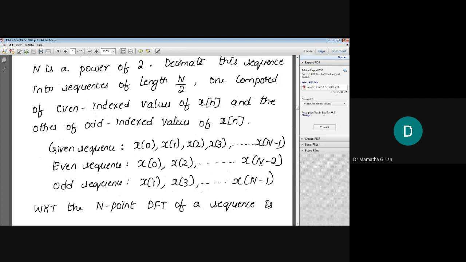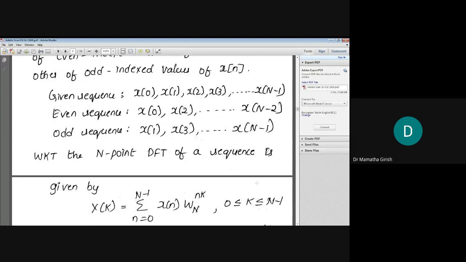N minus 2. Note that N minus 2 also refers to an even index. For the odd indexed sequence, the sample values are collected as what? First sample, third sample, fifth sample and so on, till where? The N minus 1 indexed sample, which is an odd value.